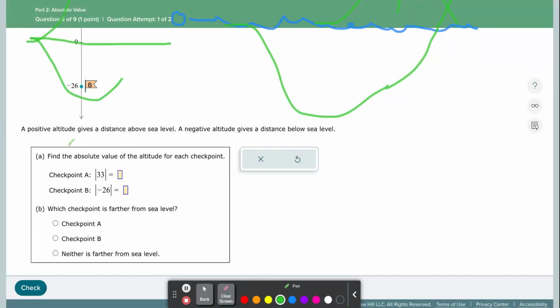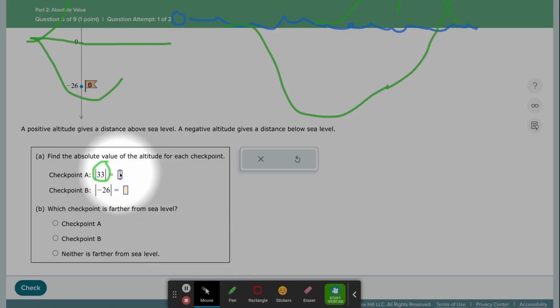Find the absolute value of the altitude for each checkpoint. So what's the absolute value if you end up going up 33? Well, it's the same thing. You're still just 33 hops from 0, or 33 hops from sea level. Checkpoint B, when they were dipping down into a valley, they were at -26.